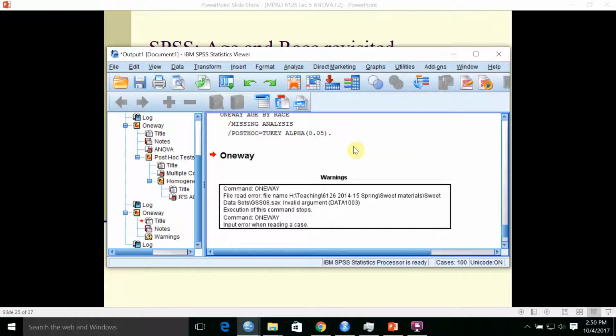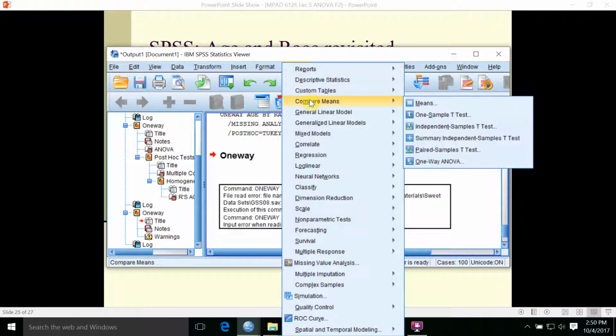Input error when reading a case. Well, that's not good. I wonder why that happens.